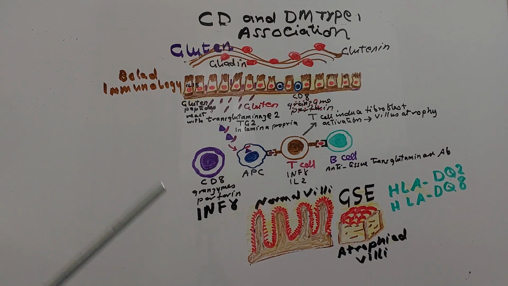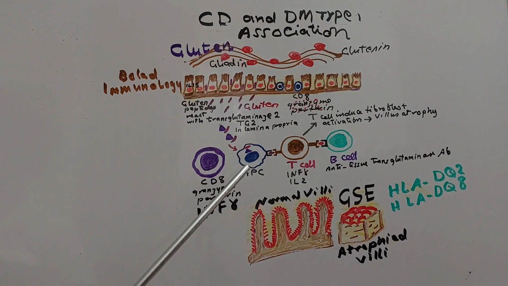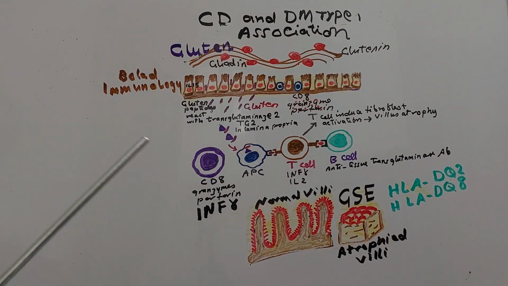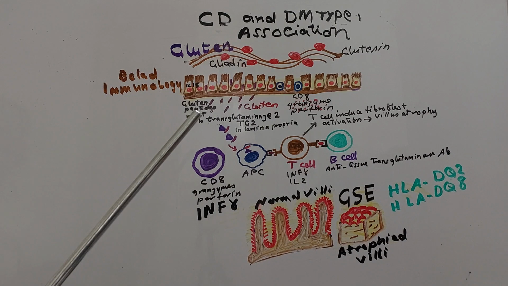So we advise that all children with diabetes mellitus type 1 should be investigated for celiac disease, as the association is a bit high.